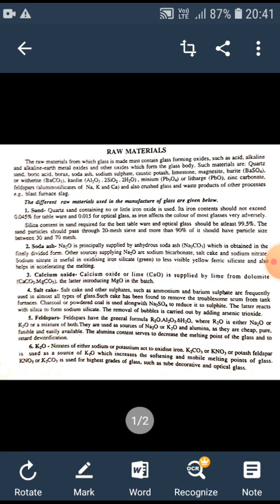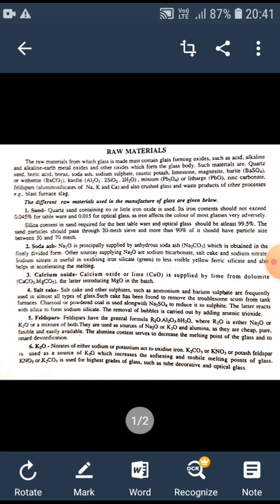Feldspar is another raw material used in the manufacture of glass, and the general formula used for feldspar is R2O.Al2O3.6SiO2, where R2O is either Na2O or K2O or a mixture of both. They are used as sources of sodium oxide or potassium oxide and alumina, as they are cheap, pure, and easily available.